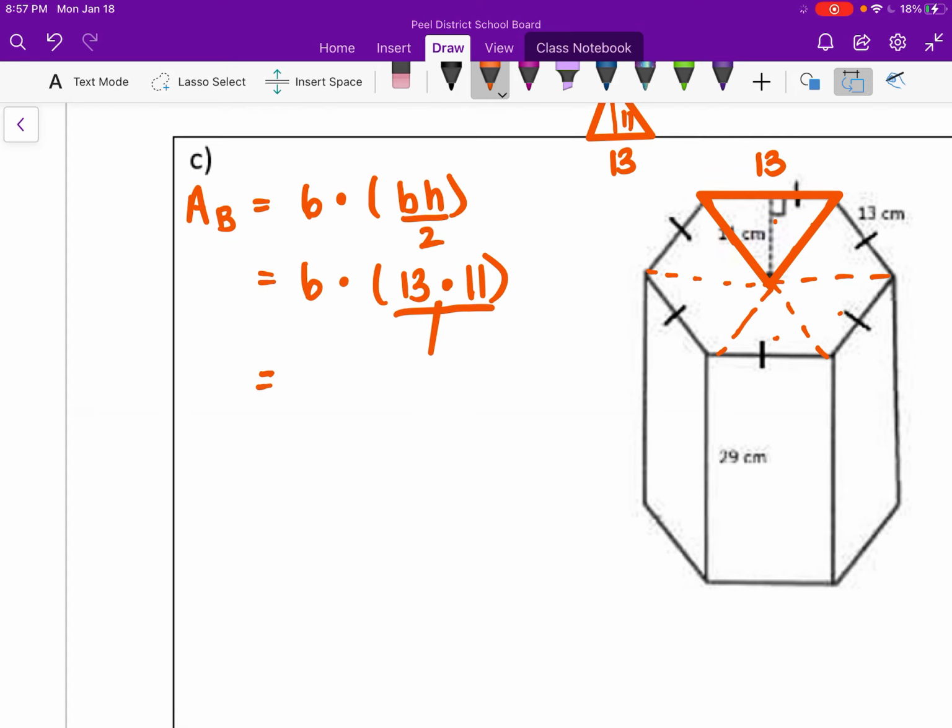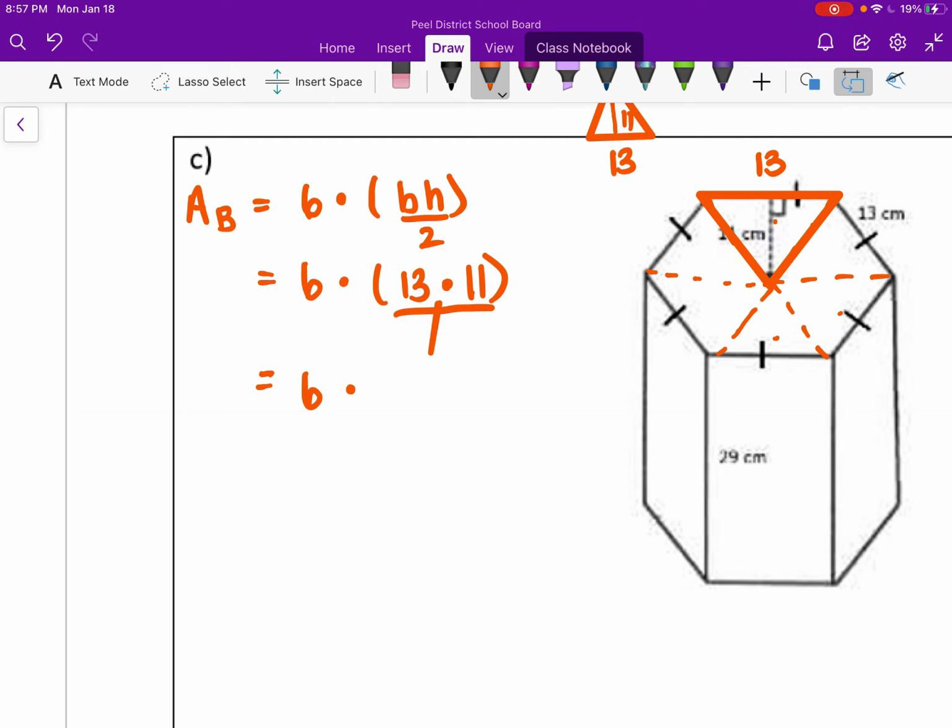So then I'm left with 6 times 13 times 11. And I'm just going to put that into my calculator. Sorry, just trying to pull up my calculator.